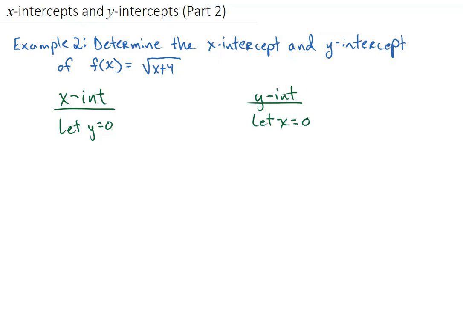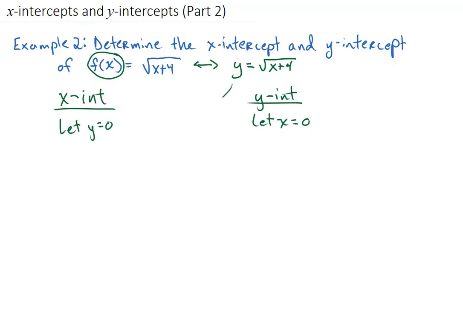In order to understand this in terms of x and y, we have to remember that the function notation f of x represents our output. So I can switch that out entirely and say y equals the square root of x plus 4. So to say let y equal 0 is the same thing as to say let f of x equal 0. Now I'm going to start with the y-intercept because that one always is a little bit more straightforward.